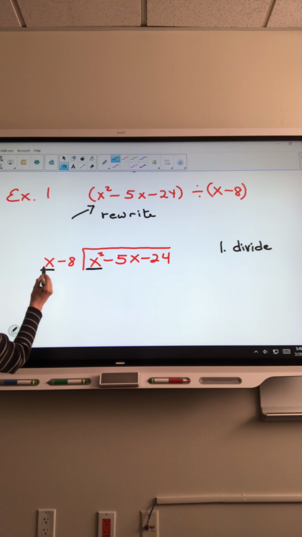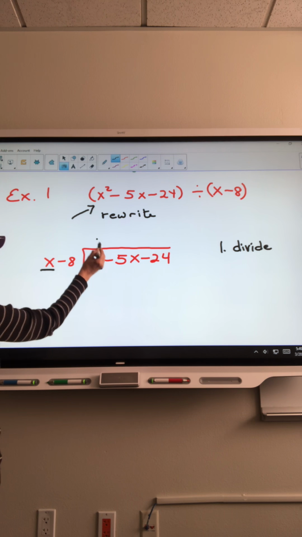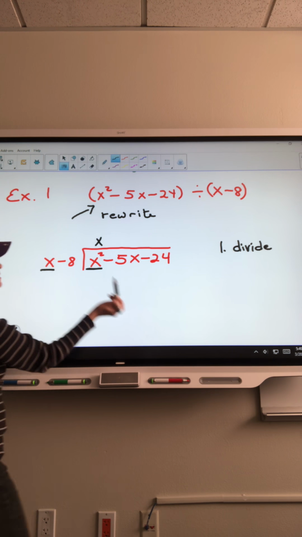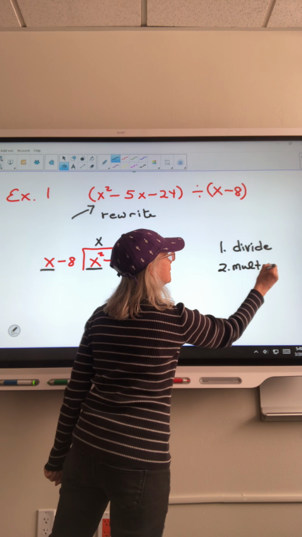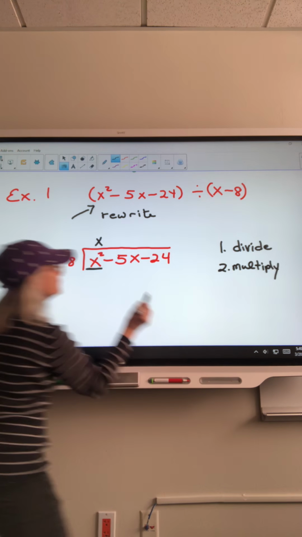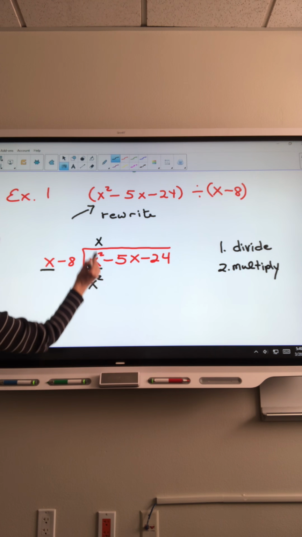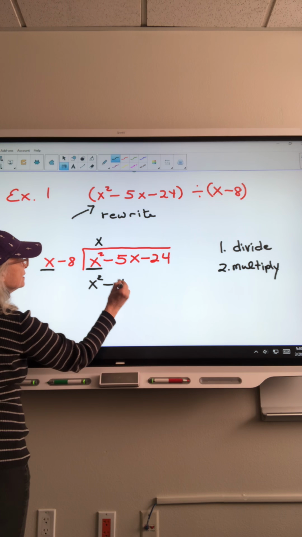So what would I need to multiply an x by to end up with x squared? Well, you would just need an x. Then you multiply. So the second step would be multiply. So x times x is x squared. x times a negative 8 is a negative 8x.